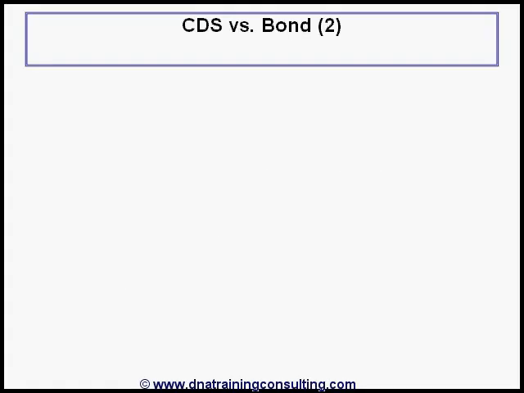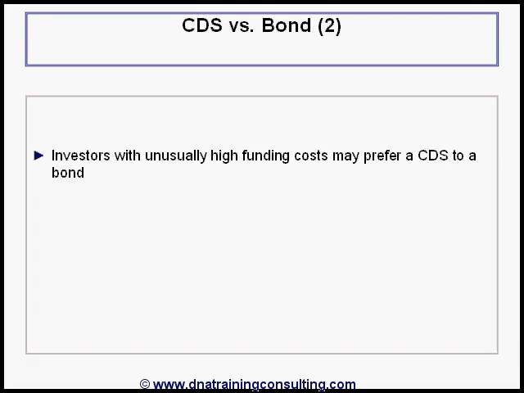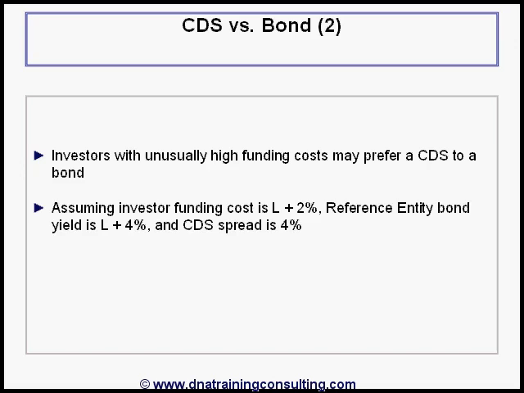Next, an investor with an unusually high funding cost may often prefer CDS to a bond, assuming the pricing on both is consistent. To illustrate, assume the investor's funding cost stands today at LIBOR plus 2%, that the reference entity's bonds yield LIBOR plus 4%, and that the CDS spread is 4% annualized, of course.